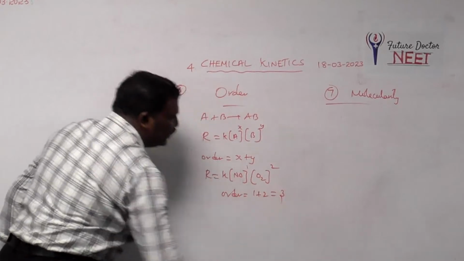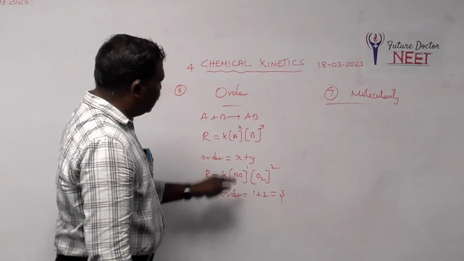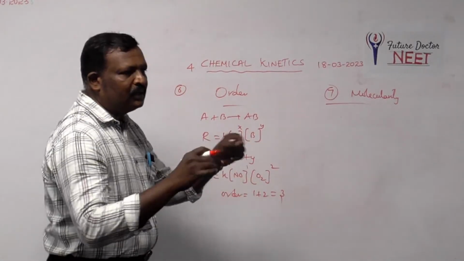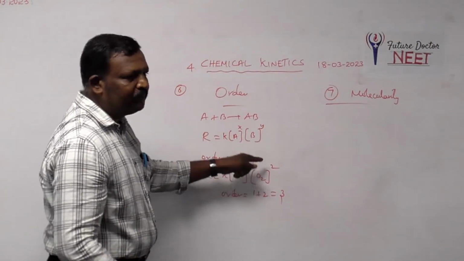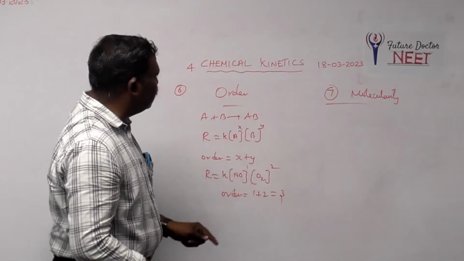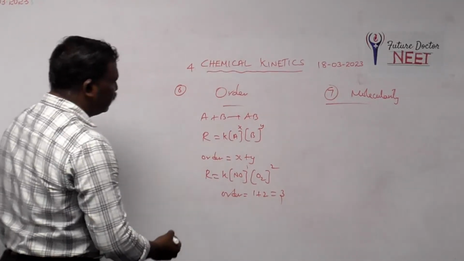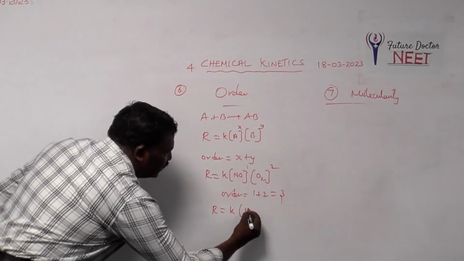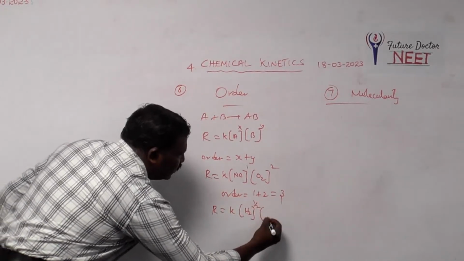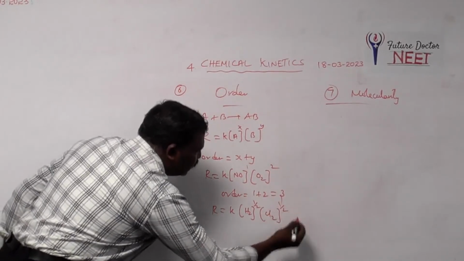That is what? 3. It's a third order reaction. Okay. So they will give the value. You just add the powers. Okay. That's called what? Order. It may be minus also. It may be fraction also. Anything it will be there. Okay. That's called order of reaction. Suppose here if I put R is equal to K into H2 power 1 by 2, Cl2 power 1 by 2. What's the order?